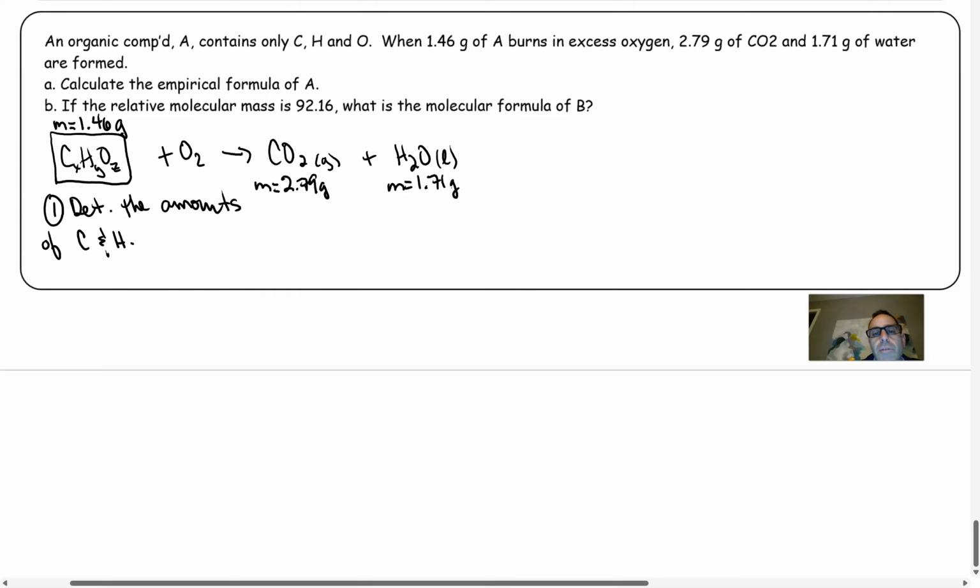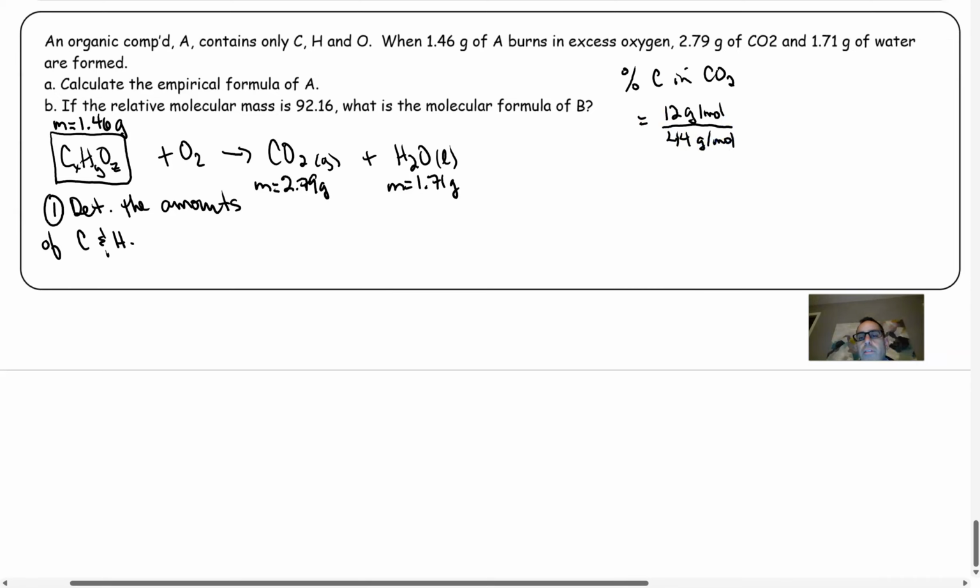And one of the things we need to remember is that if we know a compound, we can use the percent composition of an element in a compound to determine how much of that element, in terms of mass, is actually in that compound. So the percent composition of carbon in CO2 we determine by taking the mass of carbon, which is 12 grams per mole, and dividing it by the molar mass of carbon dioxide, which is 44 grams per mole.